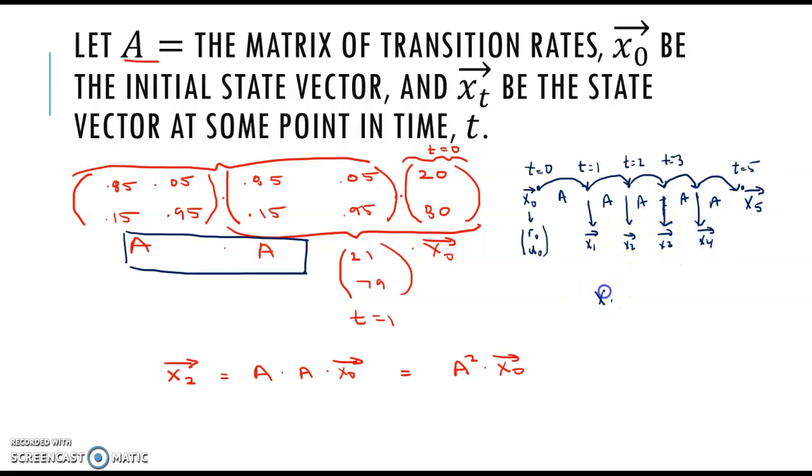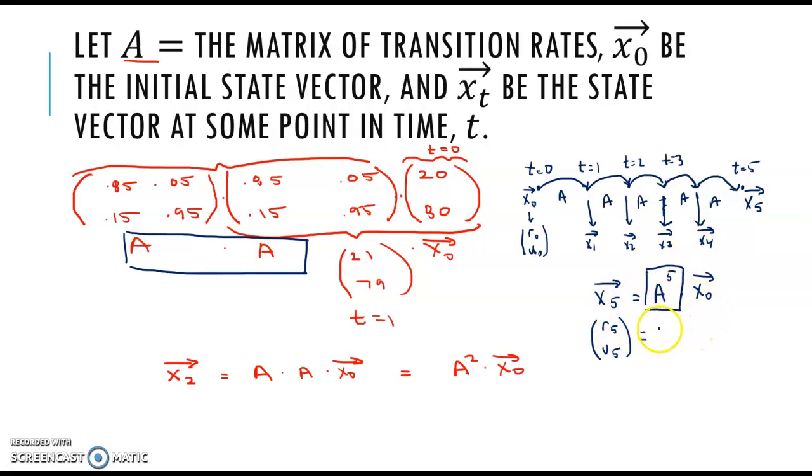So we should be able to see here that x5, which is going to contain r5 and u5, is going to be a matter of taking our A matrix, raising it to the 5th power, and multiplying it by our initial state. And this is super convenient because we just need to know the initial state, and by using this recursive principle, we can get ourselves to any state we want just by typing A to the 5th in our calculator.